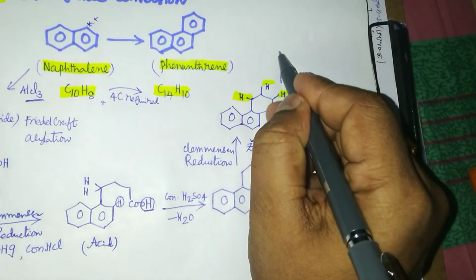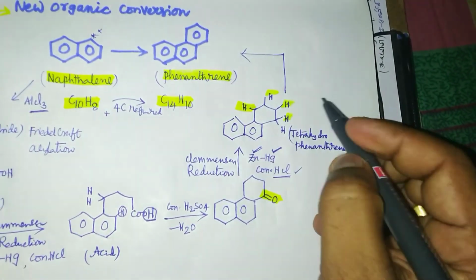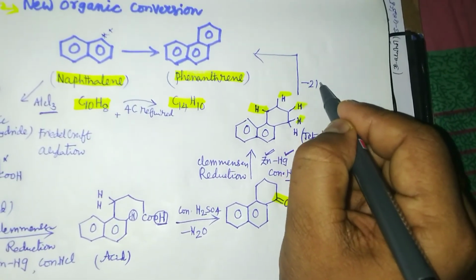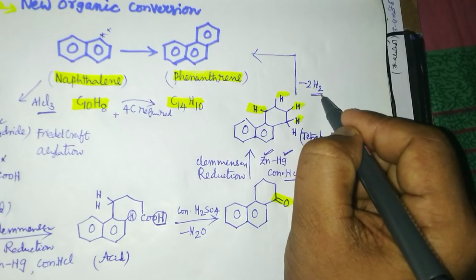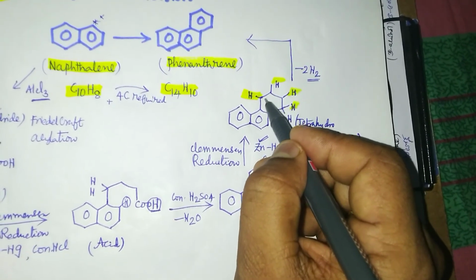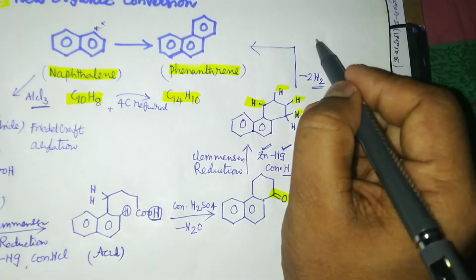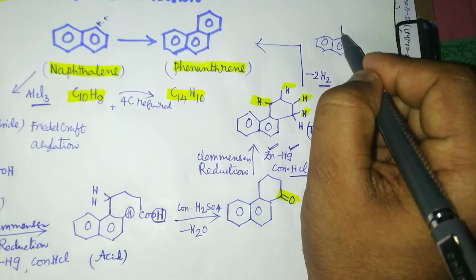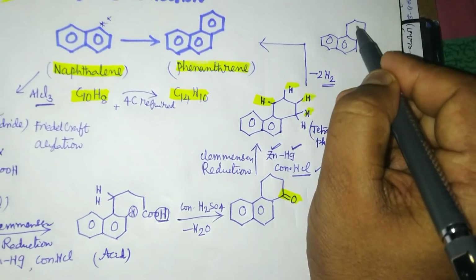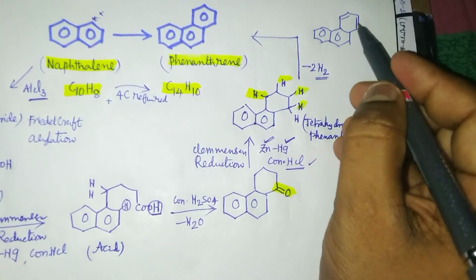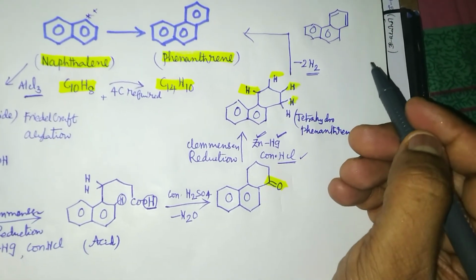Further, this tetrahydrophenanthrene undergoes a dehydrogenation process. Dehydrogenation means removing of hydrogens. Here two H2 molecules are removed, one hydrogen here, with generation of two pi bonds. Here one pi bond, second pi bond. So to form this compound, there is elimination of four hydrogens and generation of two pi bonds.